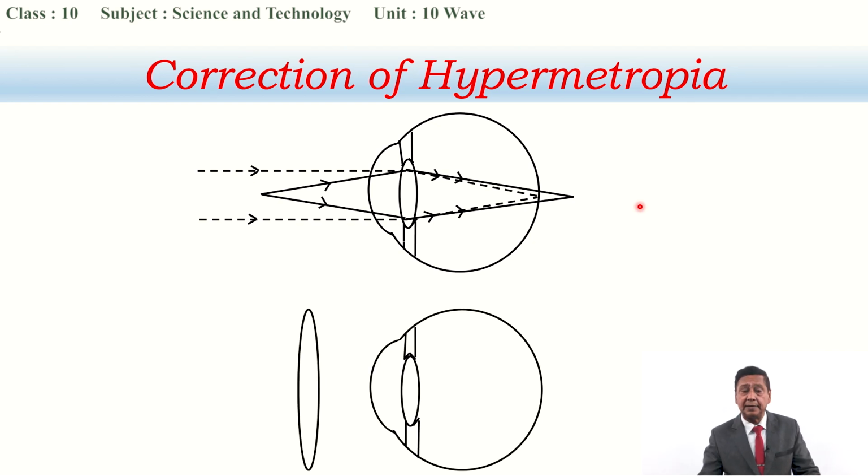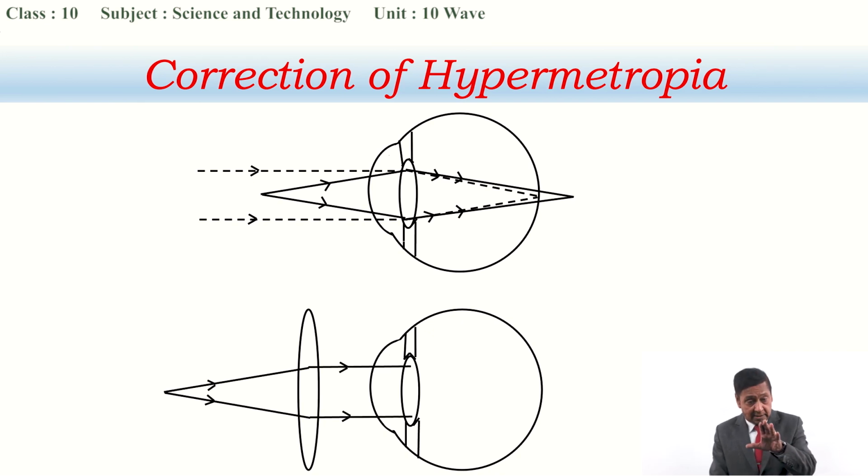The rays of light coming from a near object are first converged by the convex lens of the spectacle, and then again converged by the convex lens of the eye. Since two convex lenses are used to converge the rays of light, the converging point comes towards the retina, and the image falls on the retina. This way hypermetropia can be corrected. All these were taught in the previous class.